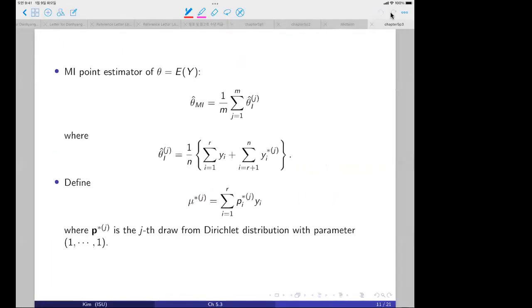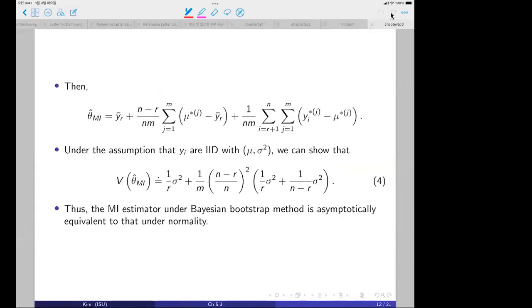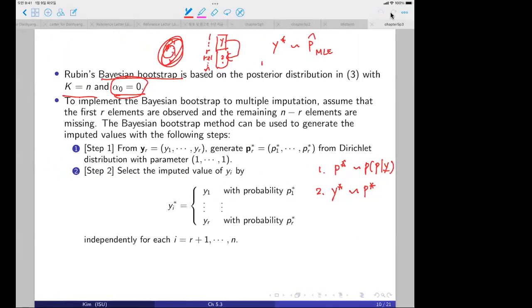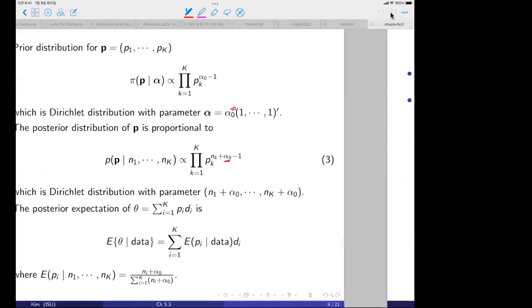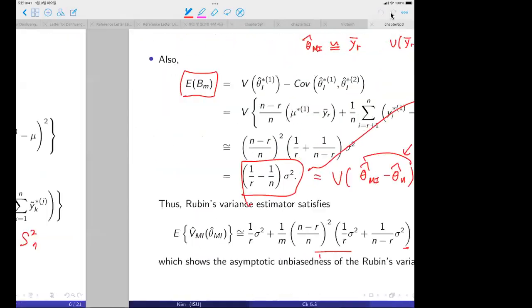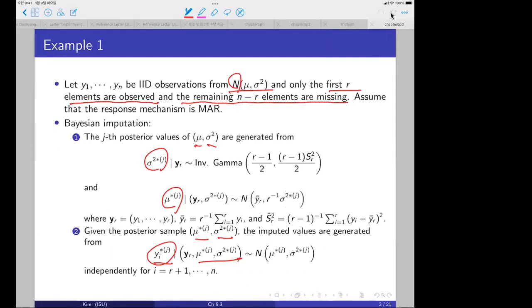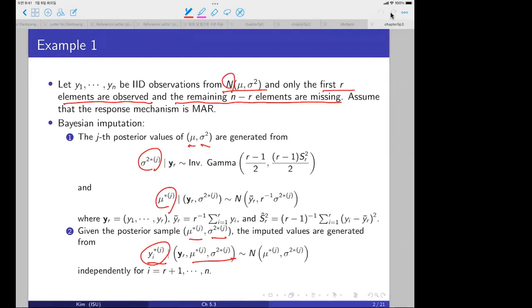And he claimed that this is better, and it turns out that we can check. This method seems to be totally different from the Gaussian, right? A totally different way of generating imputation than from the normal distribution, but asymptotically they are equivalent.